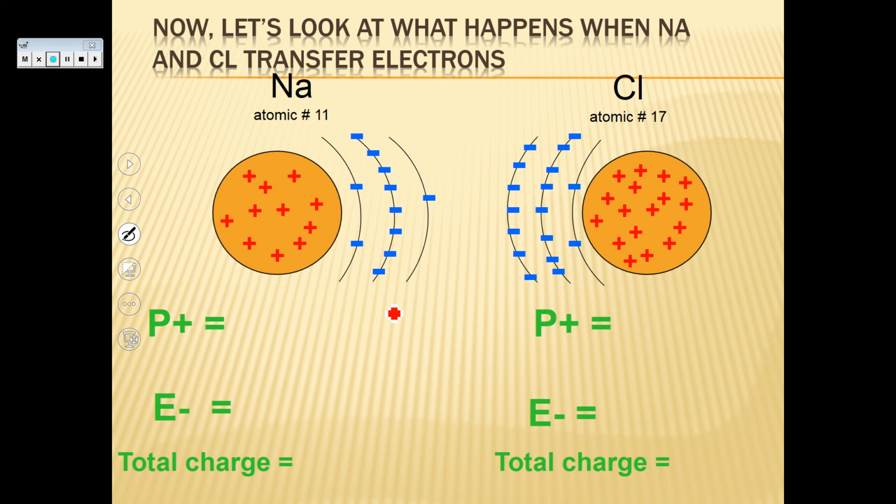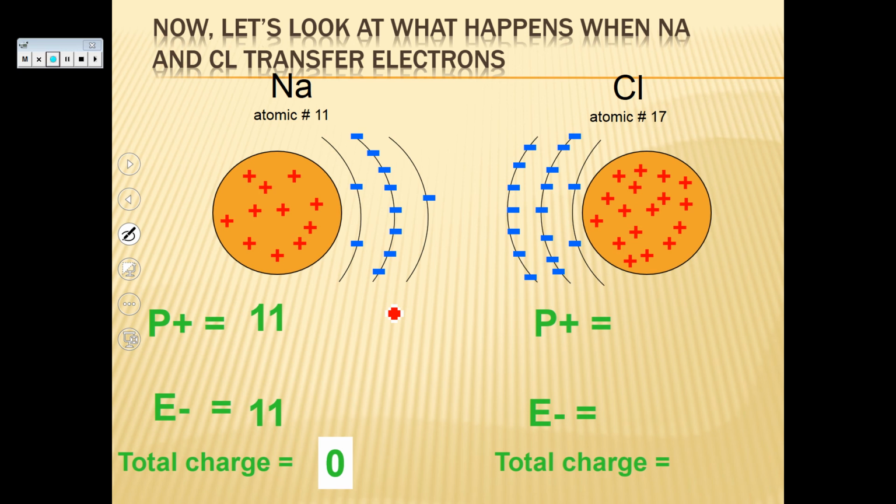Now, let's take a look at what happens when sodium and chlorine transfer electrons as far as the charges go. This is a picture of the sodium Bohr model with all of its protons and electrons, and this is a picture of the chlorine atom with its 17 protons, 17 electrons. So initially, sodium has 11 protons, 11 electrons. The 11 positives cancel with the 11 negatives, and the total charge is 0.